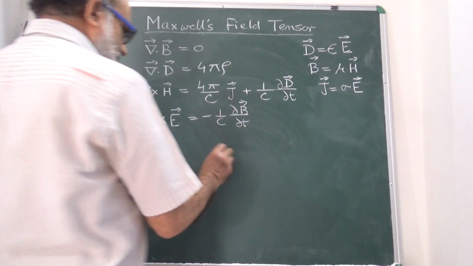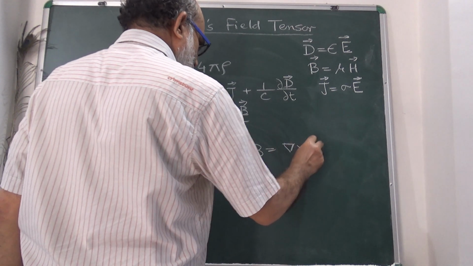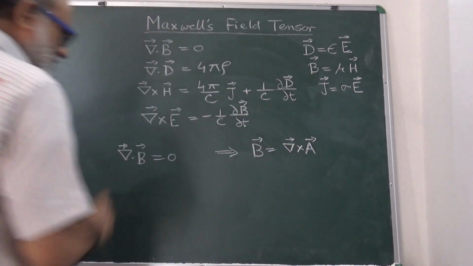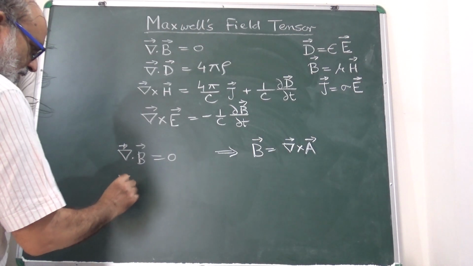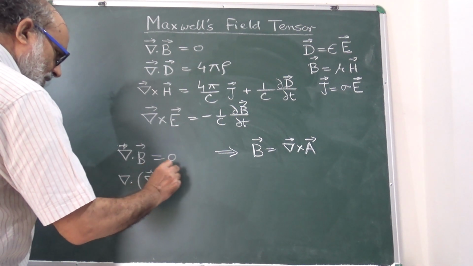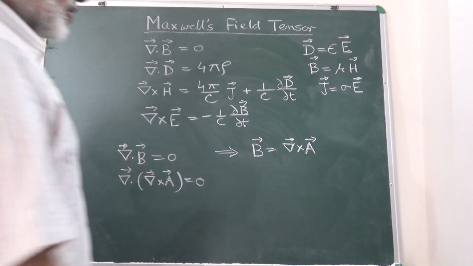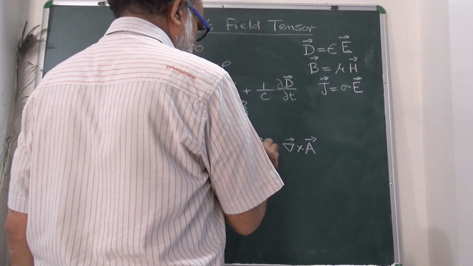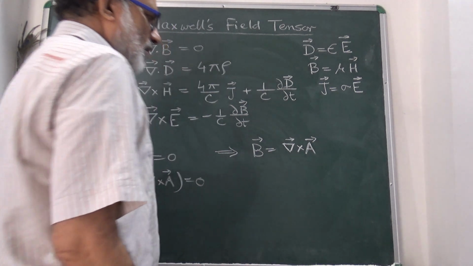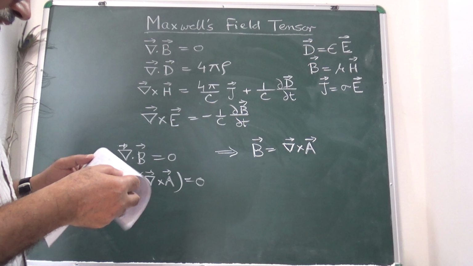So we can write that B is the curl of a vector field A, because if we substitute here, it will be divergence of curl of A, and we know that the divergence of a curl is 0. So it is satisfied. So B can be expressed in terms of a vector field A, the curl of which gives you the magnetic field value B.